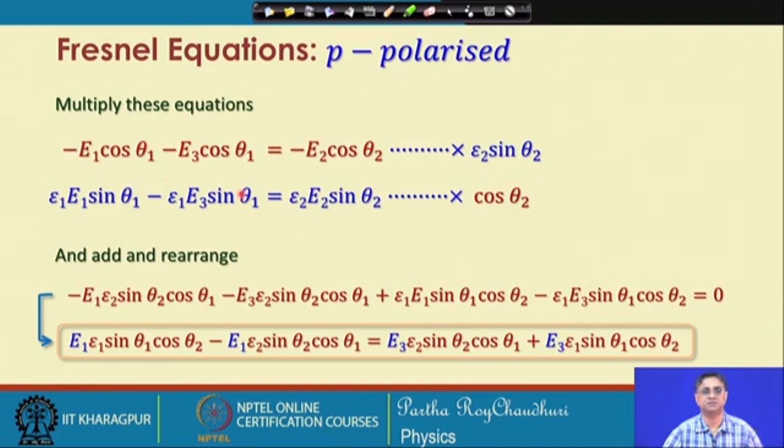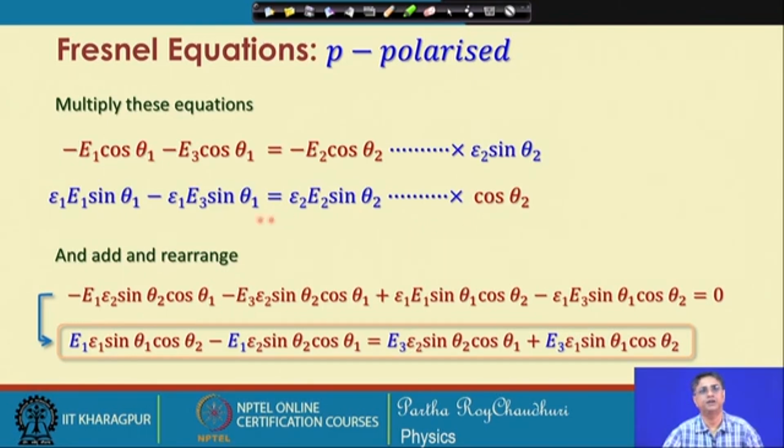To do this algebra, let us first multiply this first equation with epsilon 2 sin theta 2, and the second equation we multiply with cosine theta 2. As a result, you will see that this first part will be minus epsilon 2 E 1 sin theta 2 cosine theta 1.